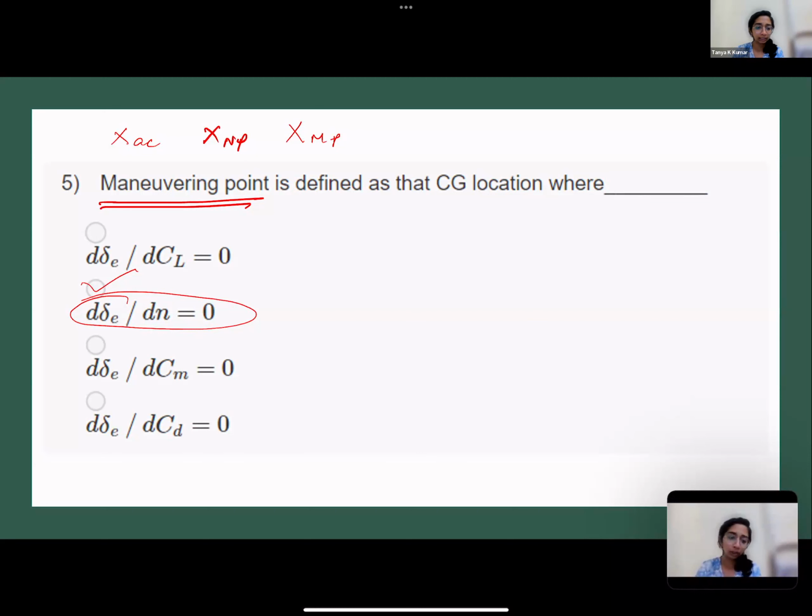Maneuvering point, now you know, is where d delta E by dN should be 0. That is the point. Neutral point, aerodynamic center, can you tell me how they are defined?